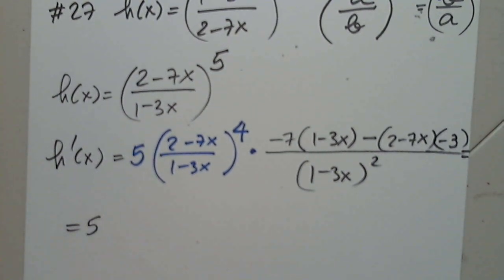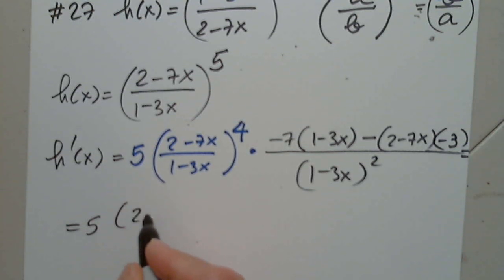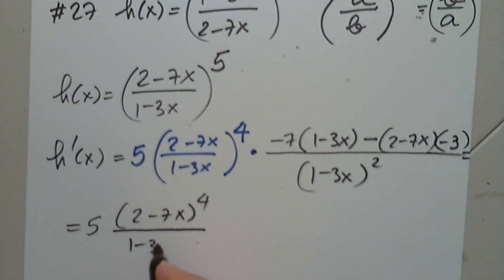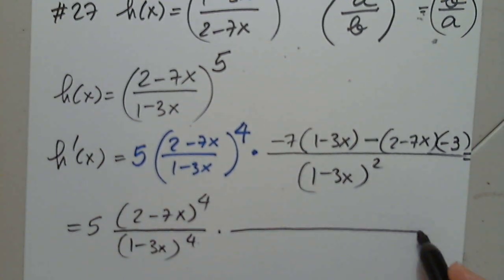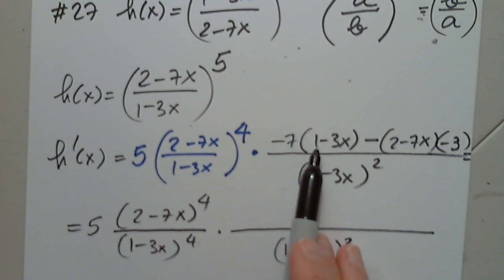So 5 outside. I'm going to separate this to the 4th power, because I will multiply these two eventually. So 2 minus 7x to the 4th over 1 minus 3x to the 4th times 1 minus 3x squared. Negative 7 times 1.